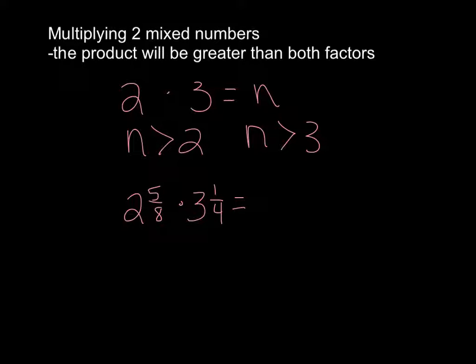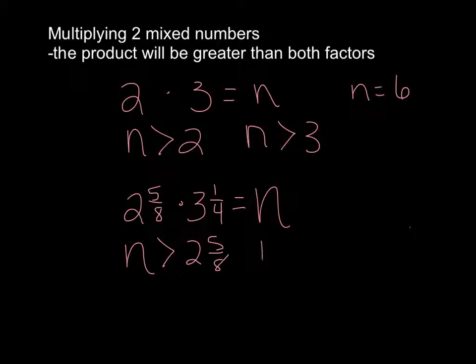Just as in the equation above, n was equal to 6, so it was greater than both factors. Here, n will also be greater than 2 and 5/8, and n will be greater than 3 and a fourth, because we are repeating 2 and 5/8 3 and 1/4 times, or we're repeating 3 and 1/4 2 and 5/8 times. Factors are repeating, so they're going to have to be greater.